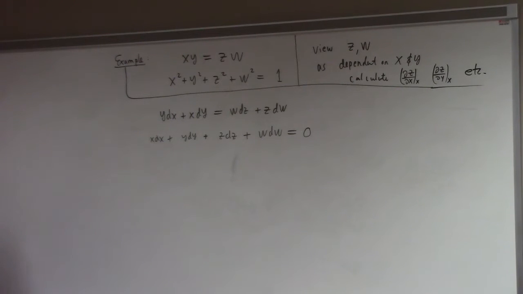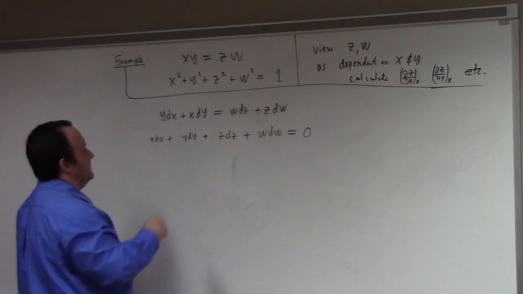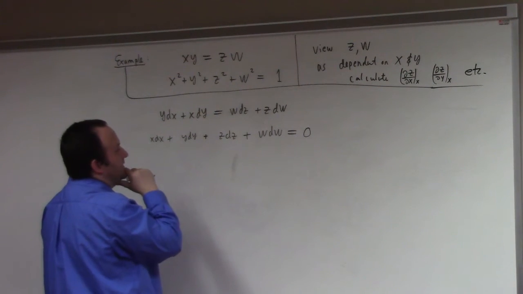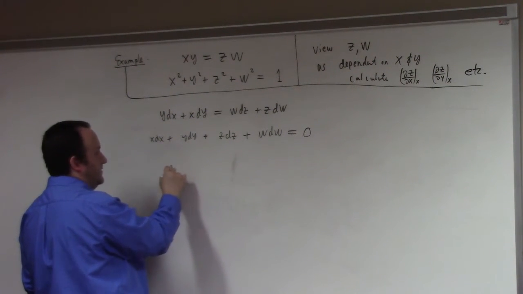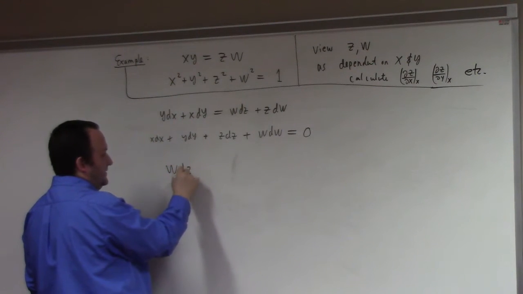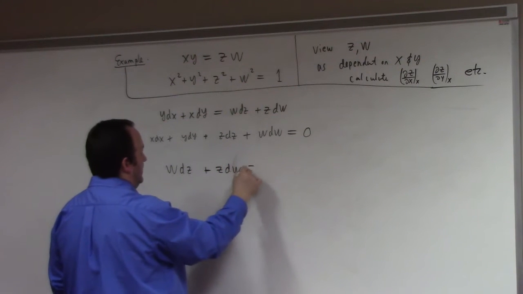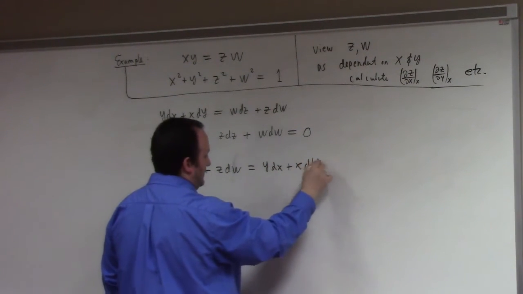Let me rewrite this again. What I'm looking at is w dz plus z dw equal to y dx plus x dy.